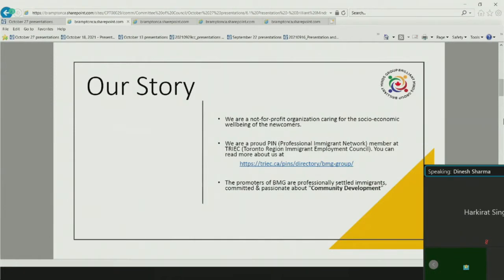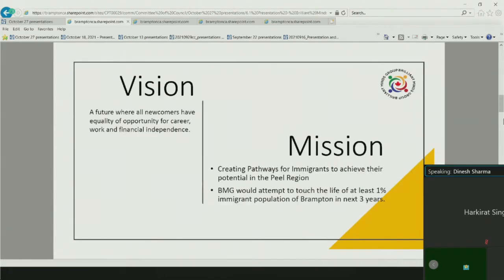The work we are doing is outside of our regular jobs. All the promoters of BMG are fully employed in respectable positions in different organizations, and we are doing this as a volunteer activity to give back to the community. Next slide, please.